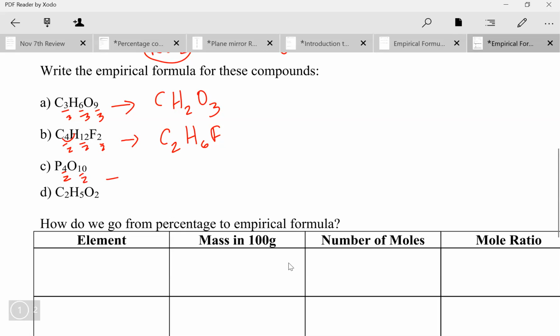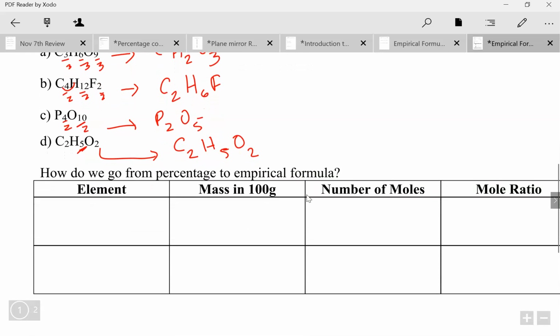Here the greatest common divisor is 2, so this would be P2O5. And we can't divide by 4 again because 10 divided by 4 would give us a decimal number. And then this is already an empirical formula because we cannot divide 5 by 2.